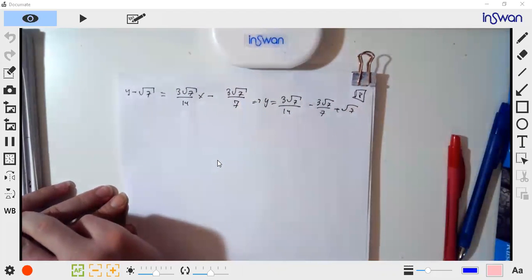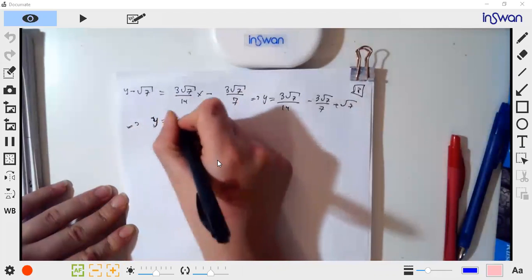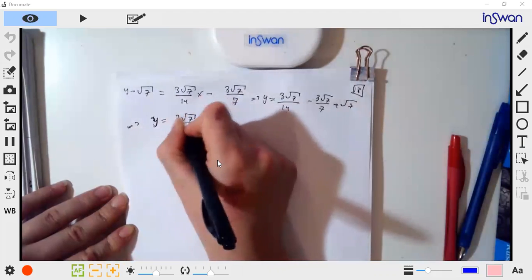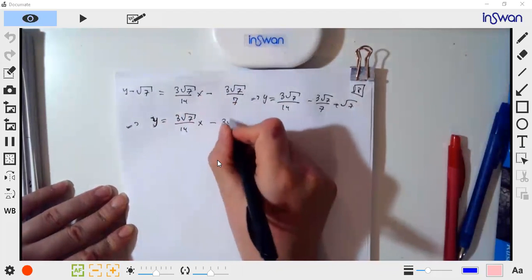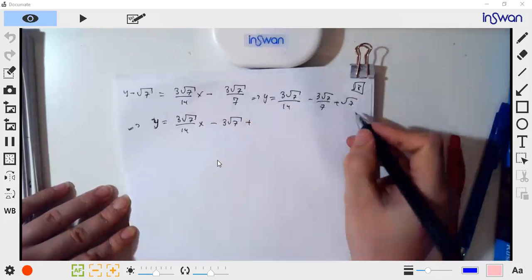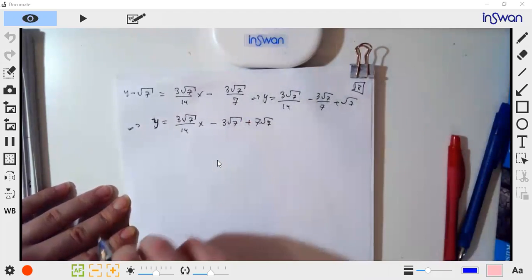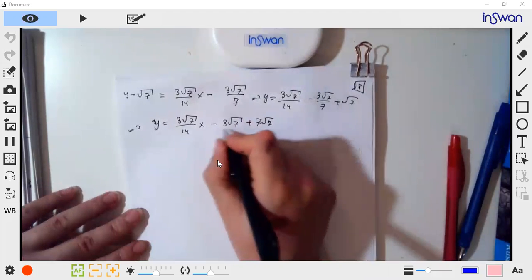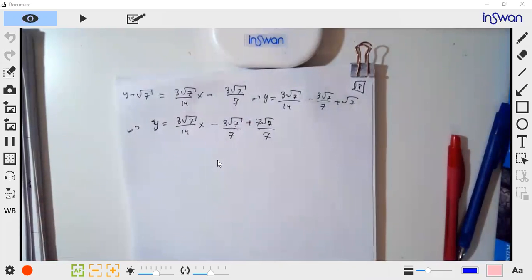Okay. So then that implies we get y is equal to 3 root 7 all over 14 x minus 3 root 7 plus, multiplying top and bottom here by 7 root 7, this is going to be all over 7, and this is going to be all over 7. Okay, so because they're under the same denominator, we can add them.